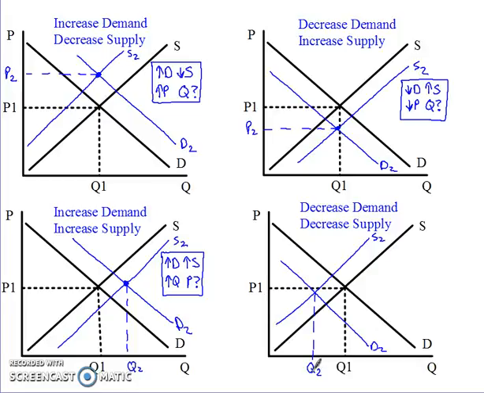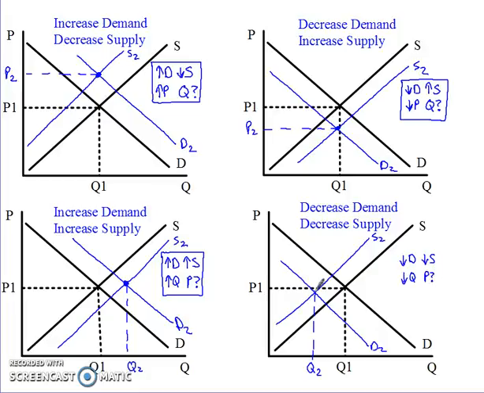But what about the price? The way I drew it, it went down a little bit, but it depends on the magnitude of the shift. It could have gone up, so we really don't know for sure. We're going to record our four things: decrease in demand, demand shifted left; decrease in supply, supply shifted left; decrease in quantity, quantity clearly went down; and price, there it is, indeterminate.